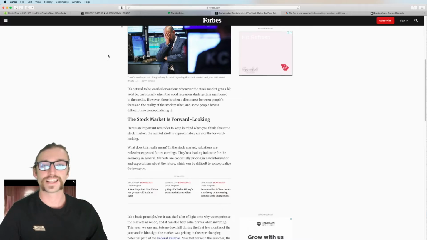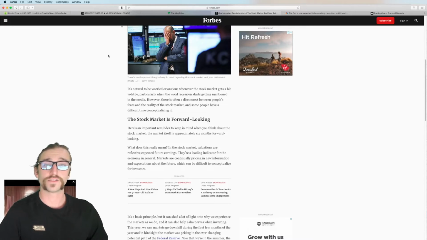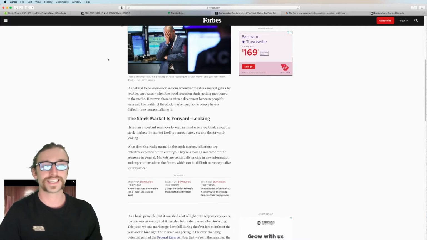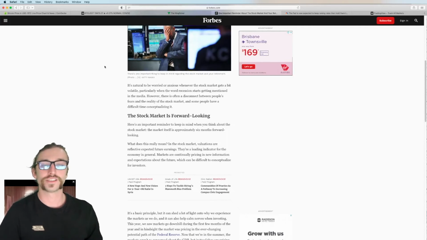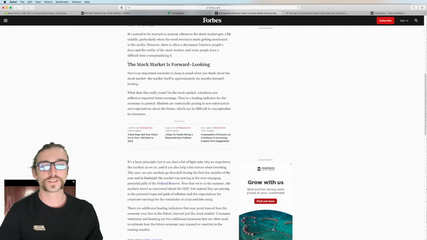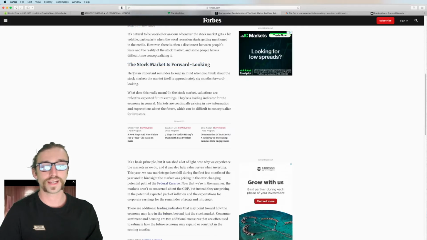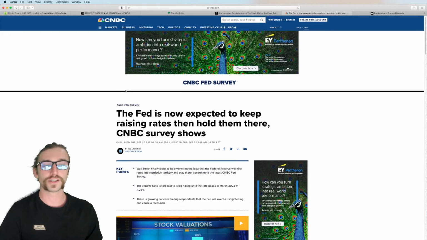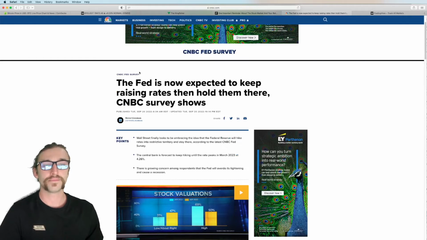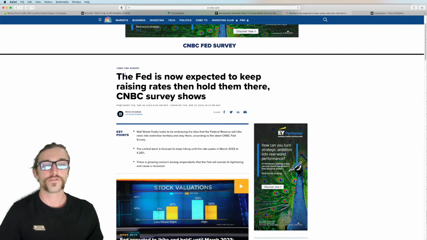So you may have noticed in that clip that Raoul Pal reiterates the fact that markets are forward-looking, about 6 months to 1 year. And we can see here, just to cross-reference that statement, an article from Forbes saying the stock market is forward-looking. Here's an important reminder to keep in mind when you think about the stock market: the market itself is approximately 6 months forward-looking. That's from Forbes. Now we piece two pieces of the puzzle together from a CNBC Fed survey. The Fed is now expected to keep raising rates, then hold them there, CNBC survey shows.